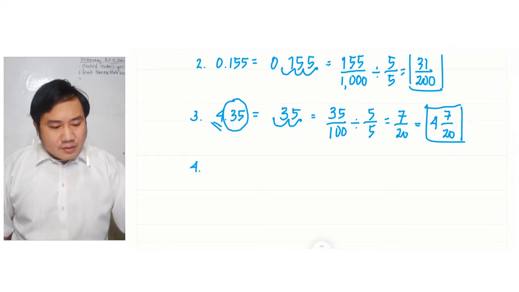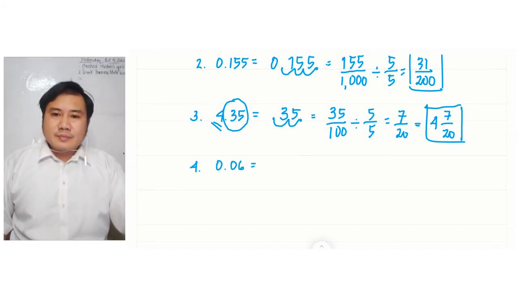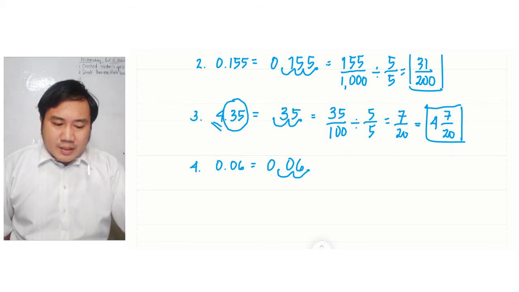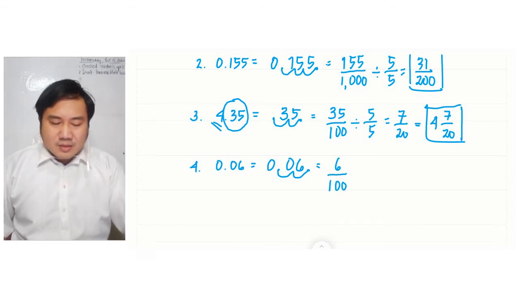How about 0.06? So, again, the same, hanapin kung nasaan si decimal point, dalhin sa pinakadulong kanan, so nakadalawang decimal place tayo. So, the whole number is 6 over, since 2 decimal places, so that is 100, kasi dalawang 0.